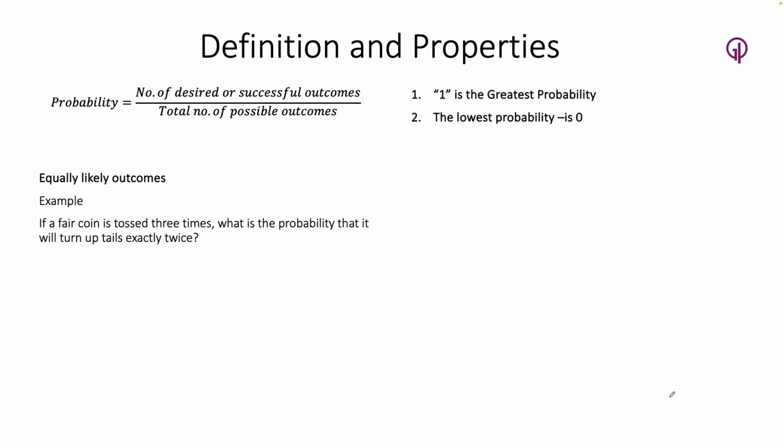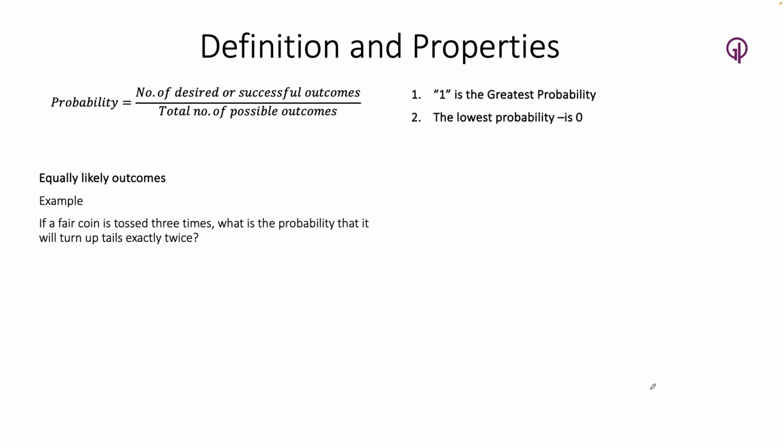Now here, we will start off by looking at what probability is. Probability is a quantity that expresses the chance or likelihood of an event.